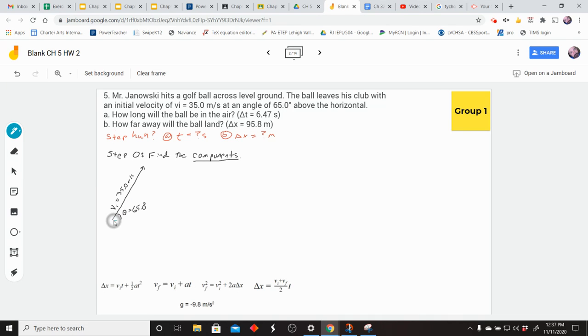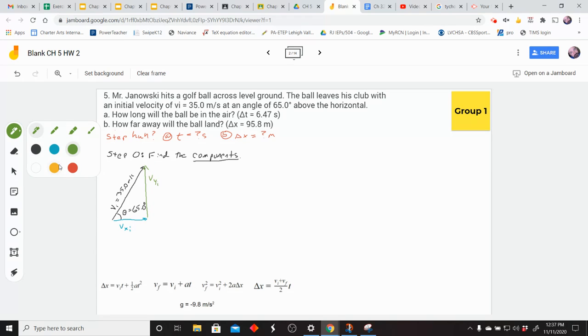We want to figure out how quickly this thing is going sideways. So we're going to call this V sub x initial. So this is our initial sideways. We need to be clear that that's an x. And we will call this one V sub y initial. How quickly is this ball moving vertically initially at the moment that I hit this golf ball?